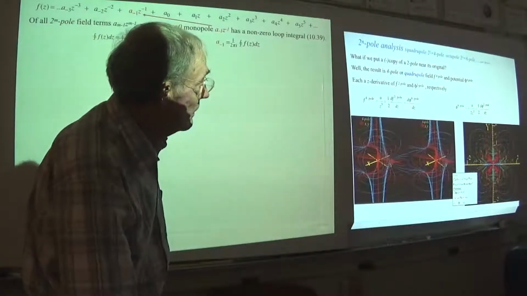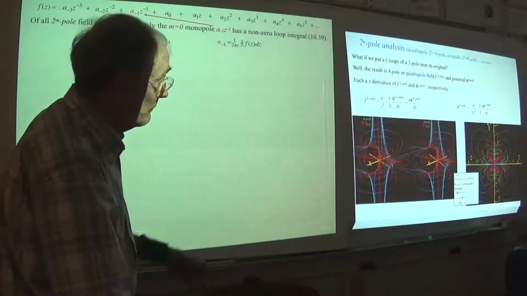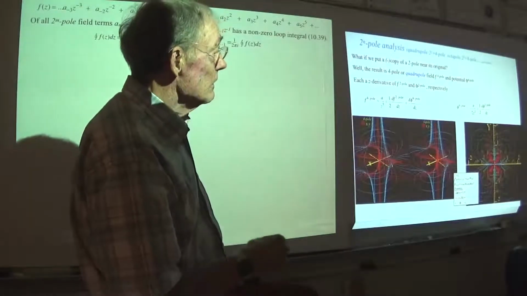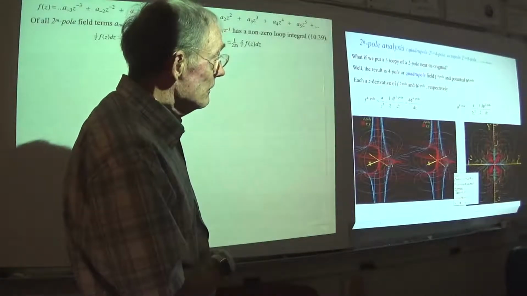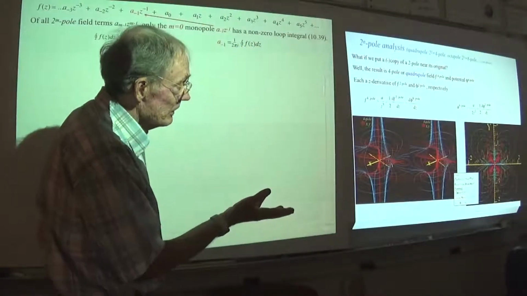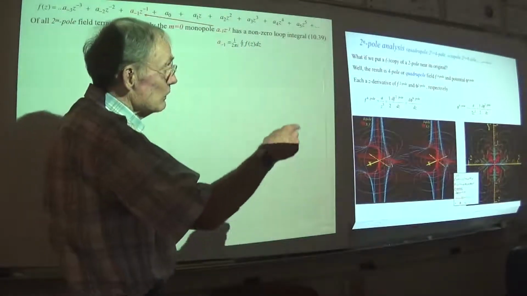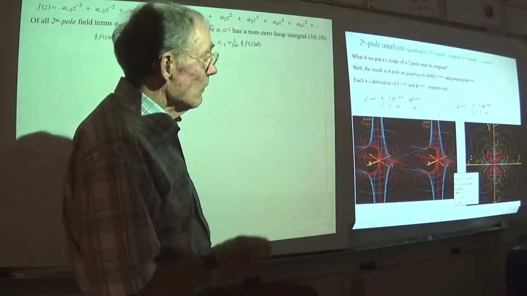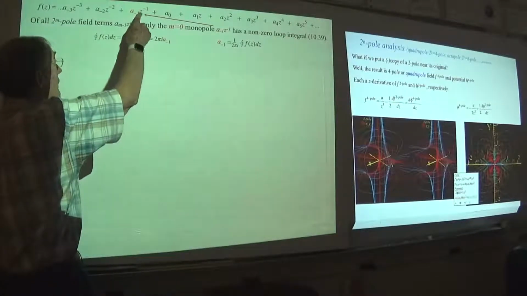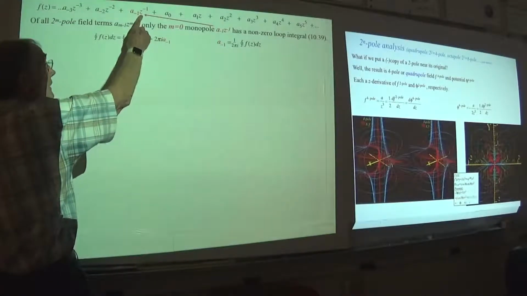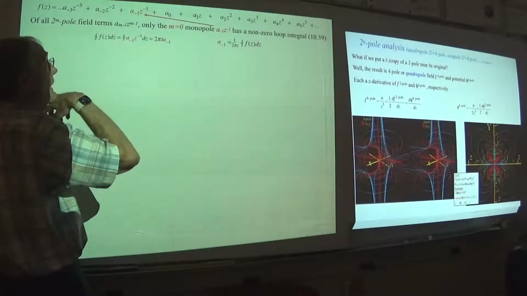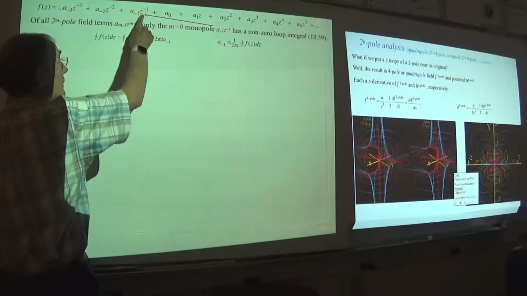Any of these fields that we've been talking about, besides the monopole field, if I do a contour integral, that is, figure out how much work it takes to go, say, around a loop, the only potential, I should say, the only force field that gives me a non-zero integral is this one, the monopole.